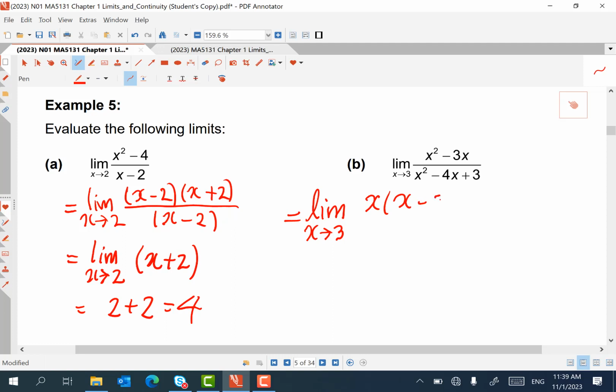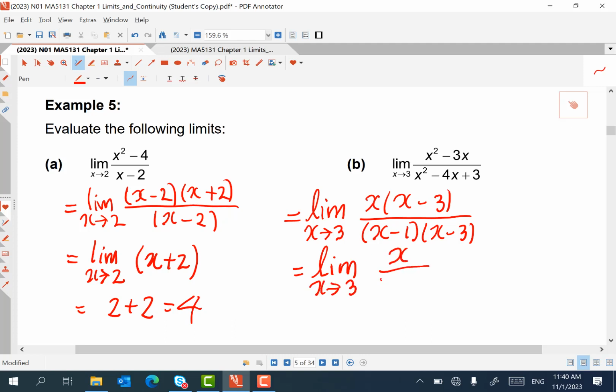So you want to do some factorization. And again, upon cancellation, you have this, and then now you're ready to plug in the value. 3 over 2. Right, this is example 5.